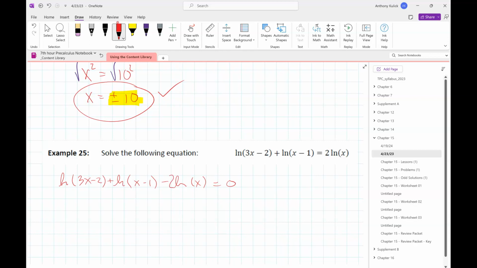Oops, I'm at 2 log of x. Look at what we got here. Ooh, do I want to do it that way? Maybe I want to leave it. Let's leave it. I think that'll be okay. Let's not move it over. That's what I think will make life easier.